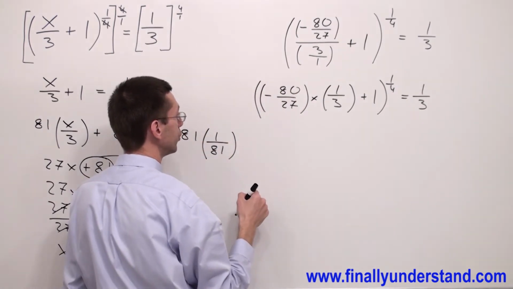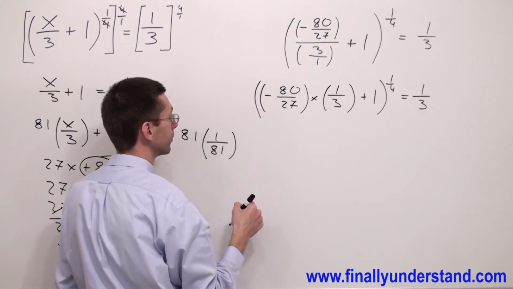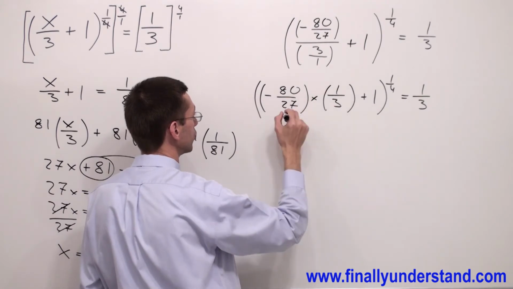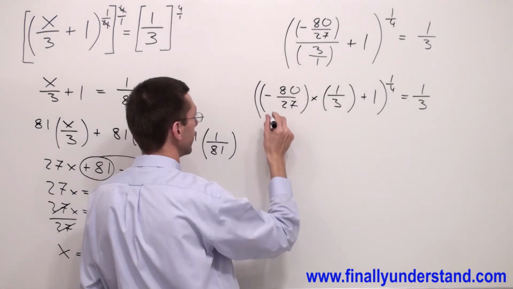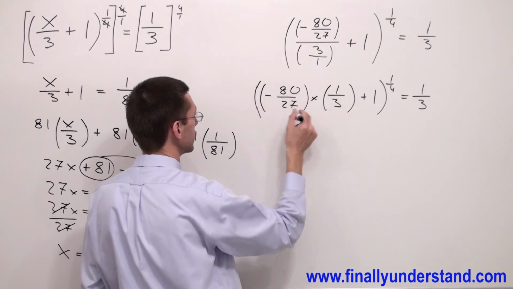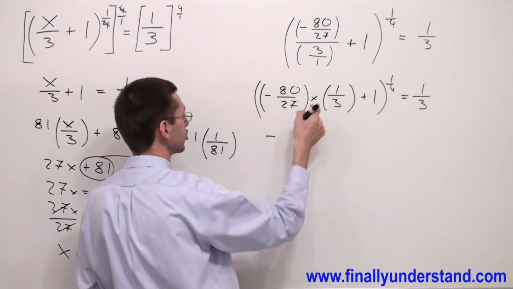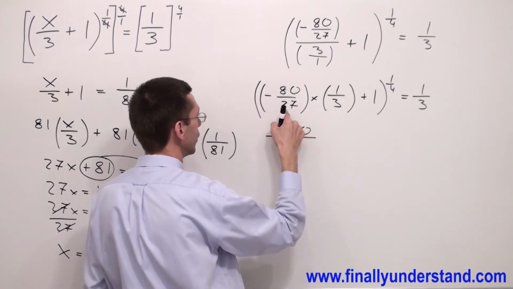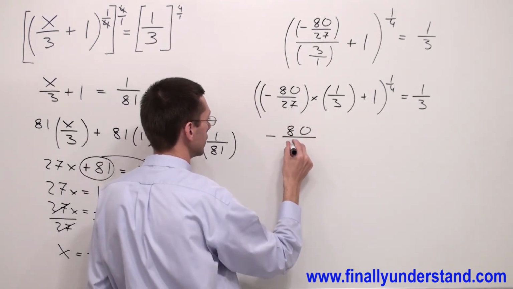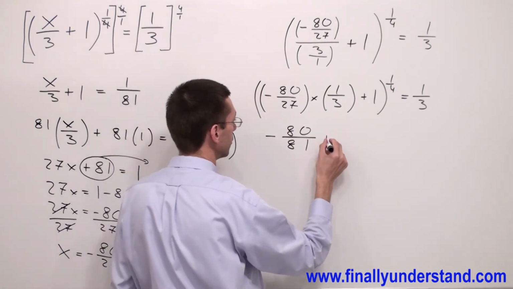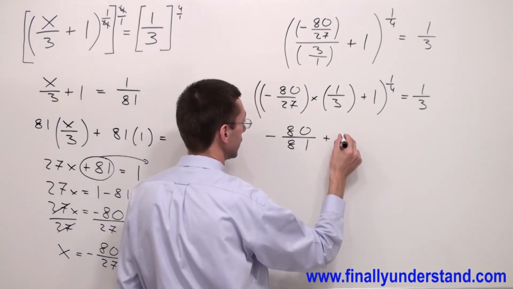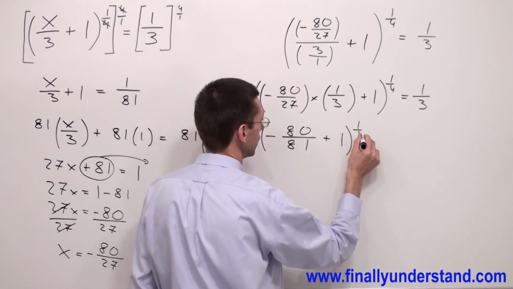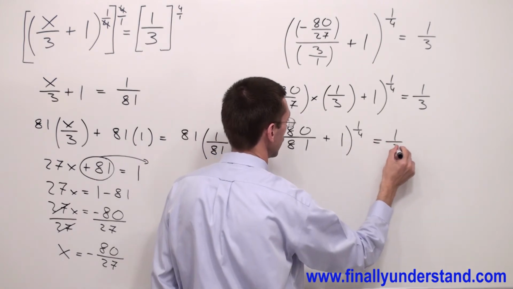Next, check if we can reduce anything over here. We cannot, so we simply multiply numerator by numerator, denominator by denominator. Negative times positive will give me negative. 80 times 1 is 80. And 27 times 3 is 81, plus 1. Everything is raised to the power 1/4 and has to be equal to 1/3.